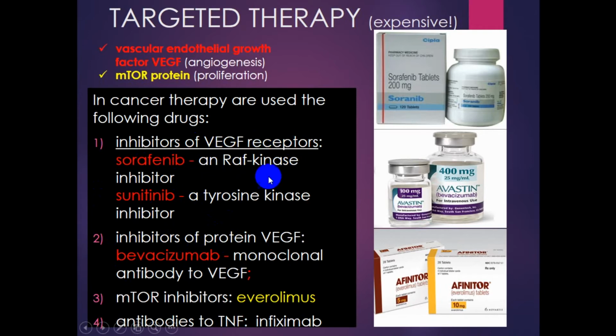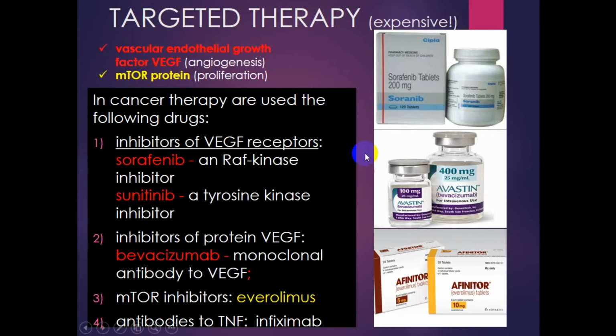Here are receptors and protein VEGF. It's bevacizumab, monoclonal antibody to this protein. mTOR inhibitors, it's everolimus. And antibodies to tumor necrosis factor is infliximab. Difficult to remember them, difficult to know about them, but they are so effective, and targeted therapy is a future for treating tumors.